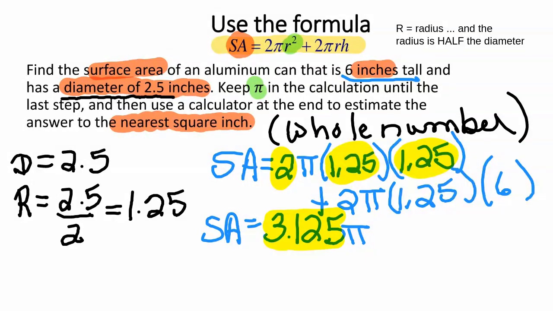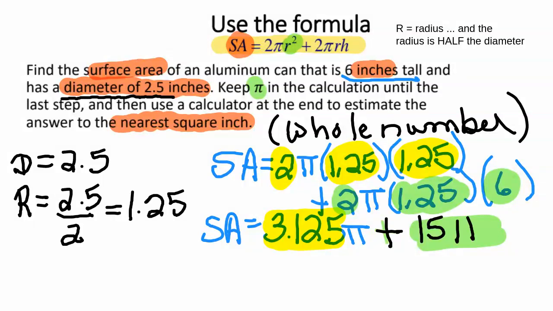And then I'm going to add all of these green numbers. Okay. I am adding all of the green numbers. Well, I'm multiplying, which is 2 times 1.25 times 6, which is going to give me 15 pi.